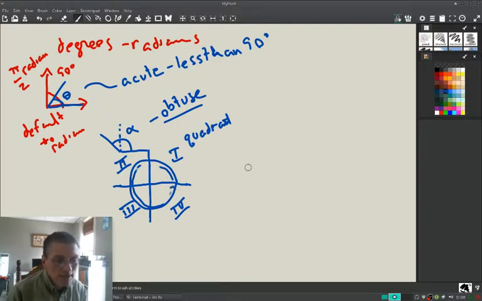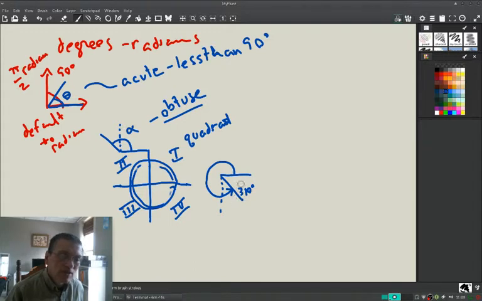That means angles can be very big, like this one. That goes more than 270 degrees. It doesn't go 360. Say that's between 270 and 360. Let's make it 310.